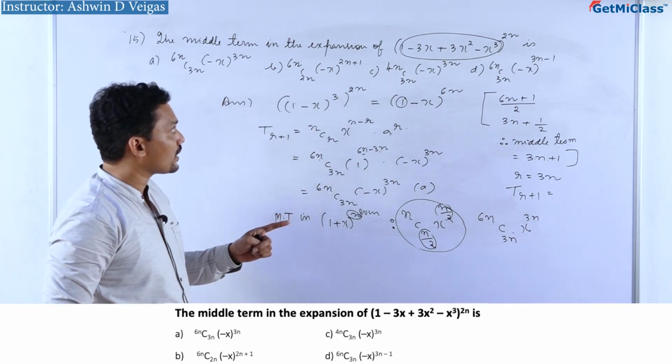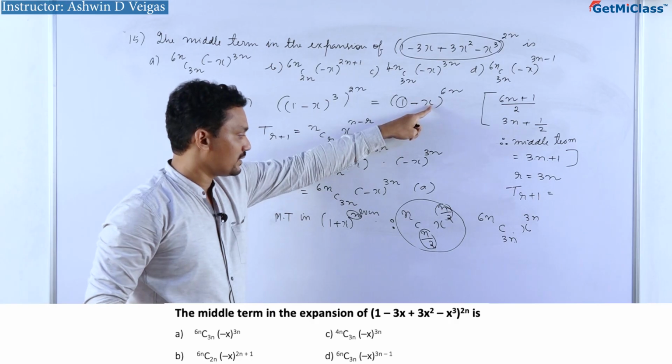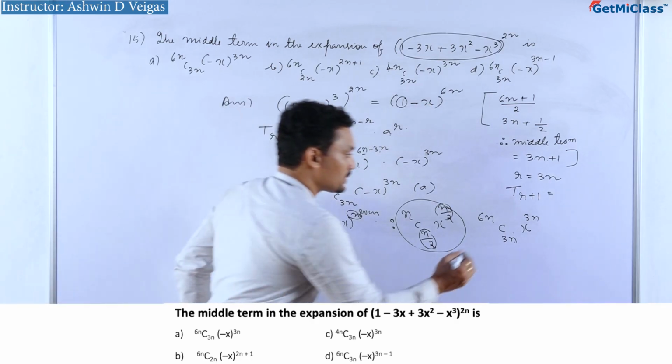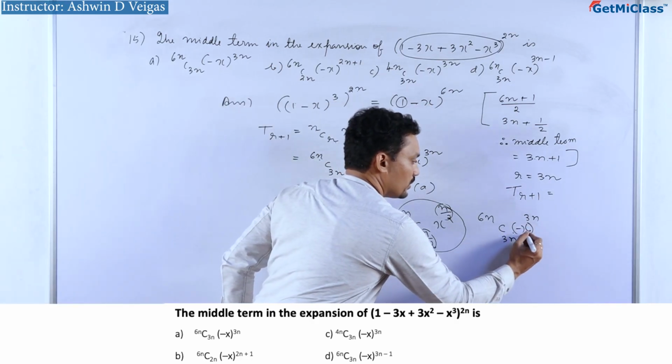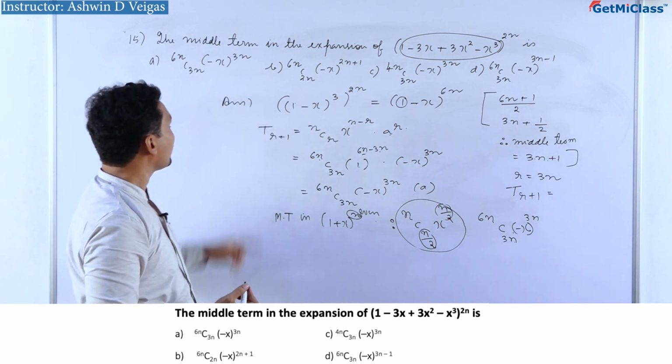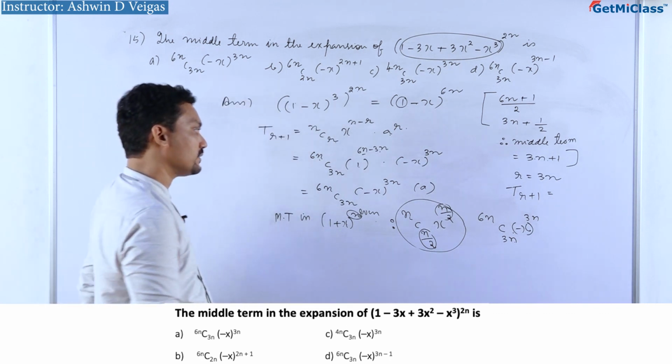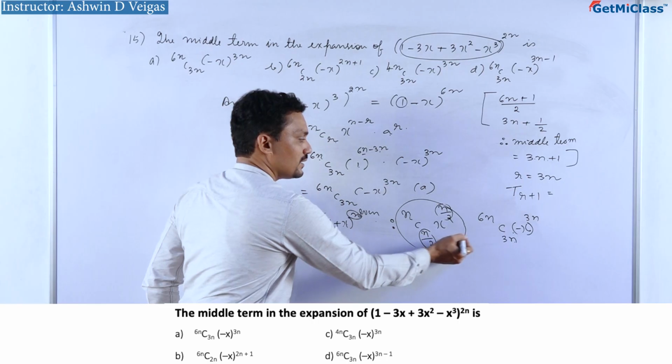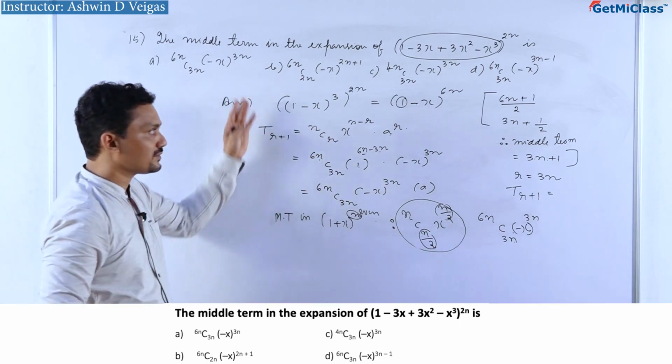Now, in this case there is a minus x here. Therefore, instead of x, we are going to get minus x here, and hence we will get option A as the answer. So, this is a speedier method of doing this same question.